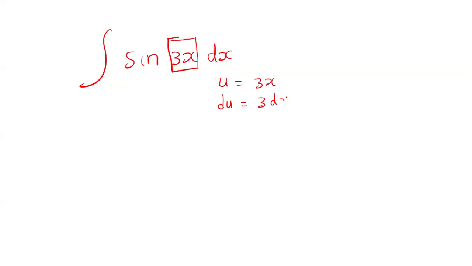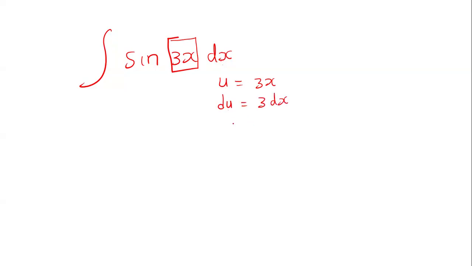Another example, take an example. I have sine of 3x dx, and this is what you are integrating. What do you do? Always look at this angle here. The angle is 3x, so you say u is equal to 3x. Now, when you differentiate u, you get du. When you differentiate 3x, you get 3dx.